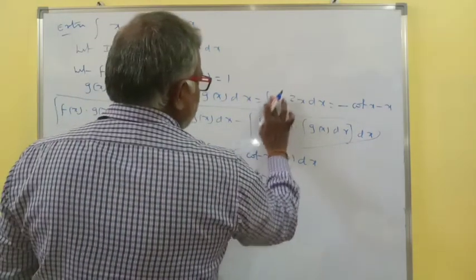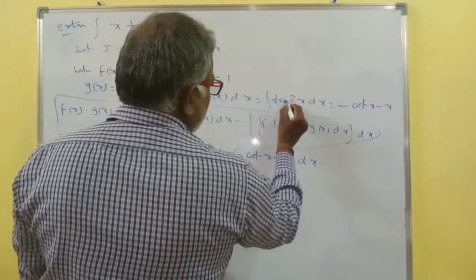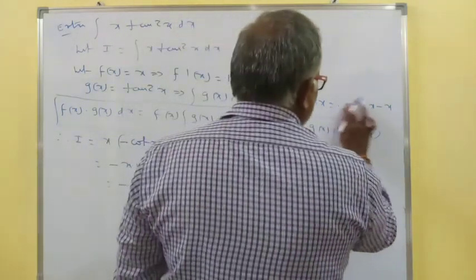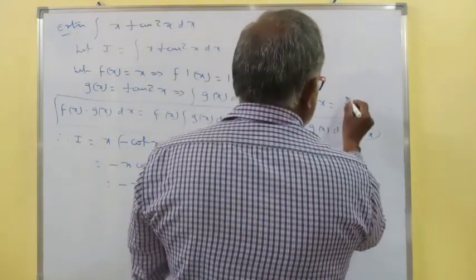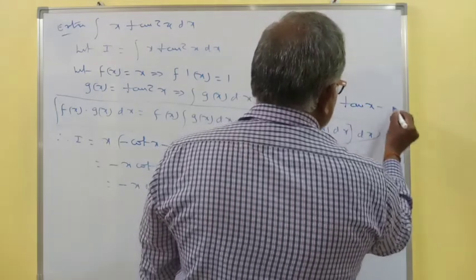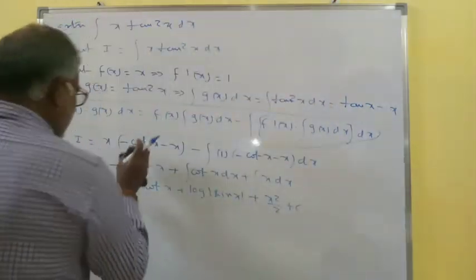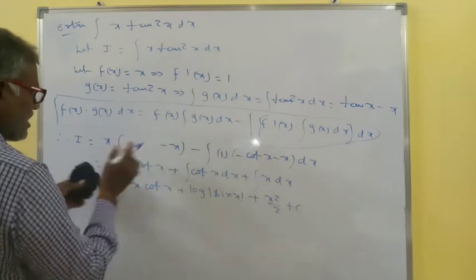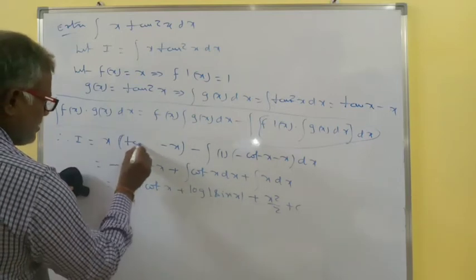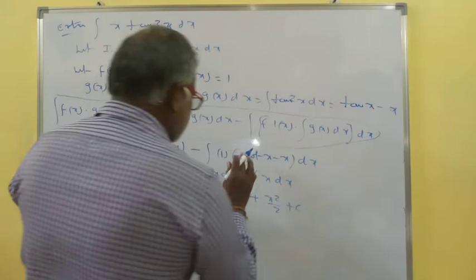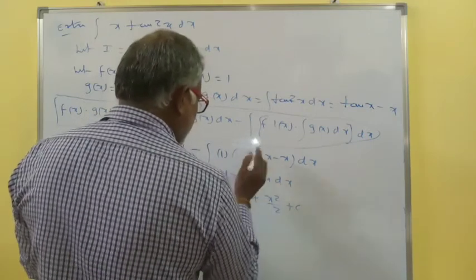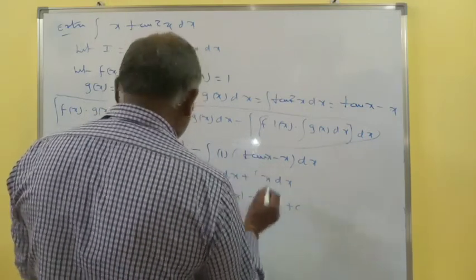Here this is tan square x dx, and simply tan x minus x. Here this is nothing but tan x minus x. Same one, here also the same tan x minus x.